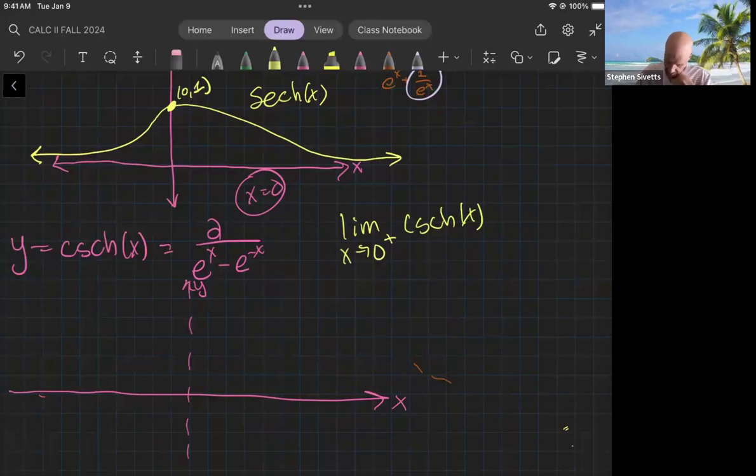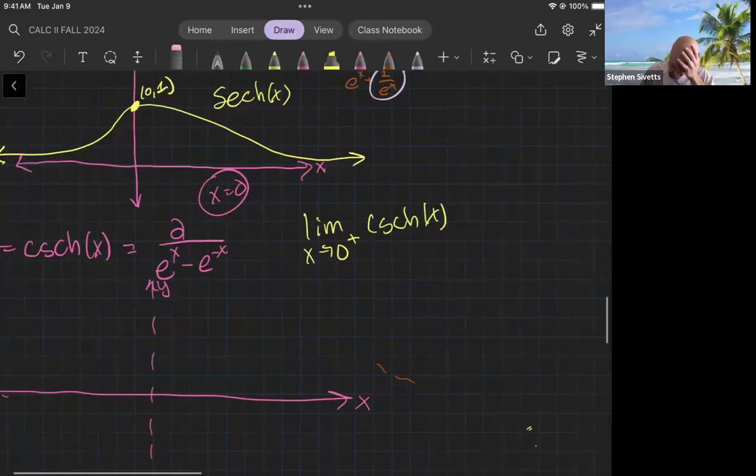If I just look at e to the x itself, to the right of 0, well, this will approach 1, right? However, if I look at e to the minus x, as x goes to infinity, this will go to 0. I'm sorry, when x goes to 0 from the right-hand side.